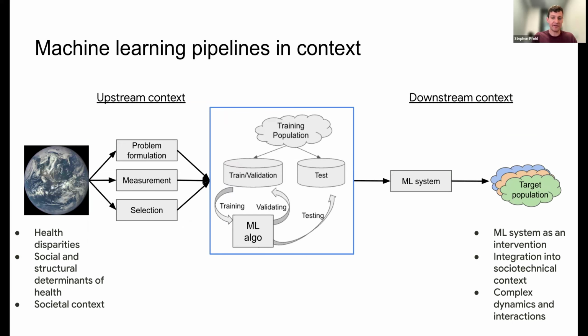So another piece of this is that we need to address that the data used for model development and evaluation reflect complex societal contexts that include structural racism and other social and structural determinants of health that contribute to disparities in health outcomes and also contribute to disparities in access to care and care quality.